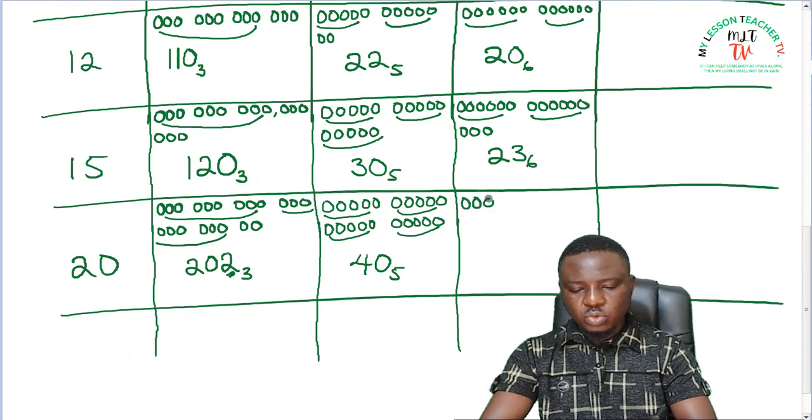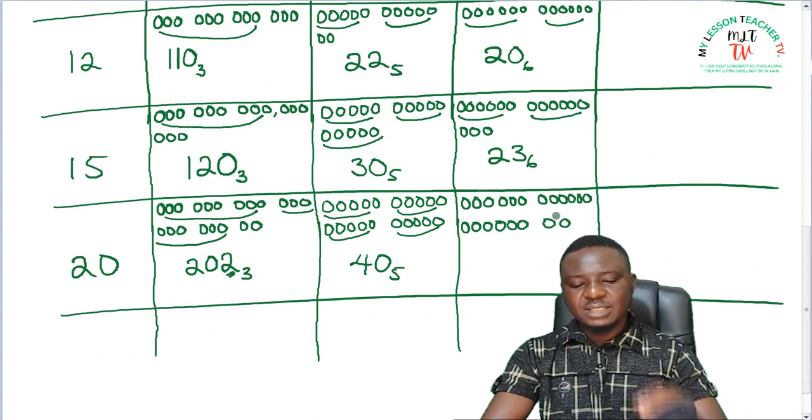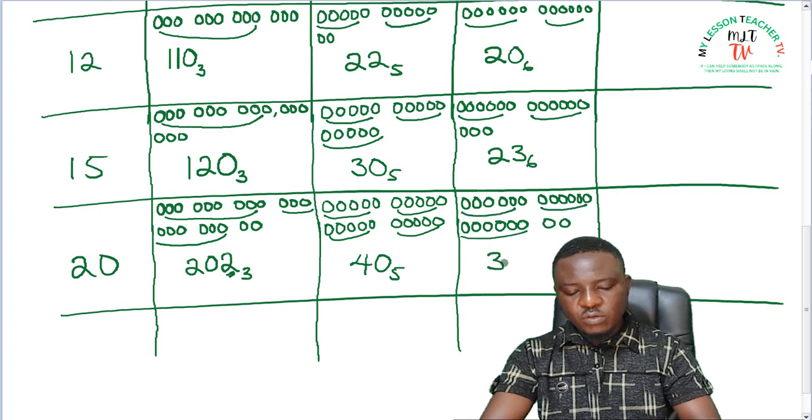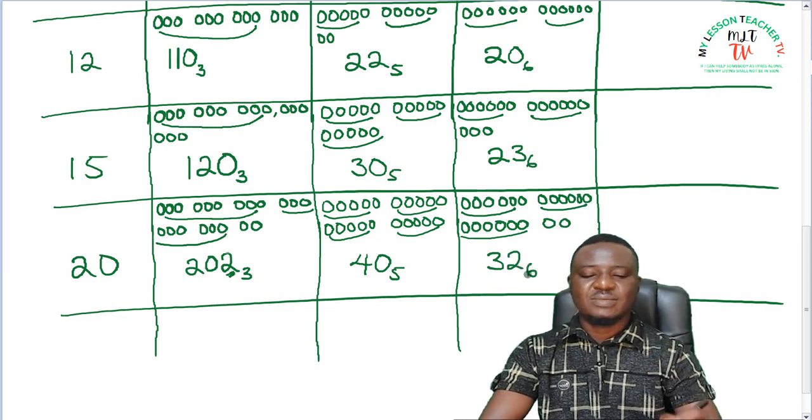This is 1, 2, 3, 4, 5, 6, 7, 8, 9, 10, 11, 12, 13, 14, 15, 16, 17, 18, 19, and 20. We have three groups of 6, remainder 2, all in base 6.